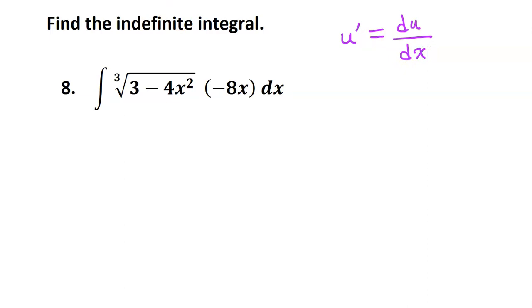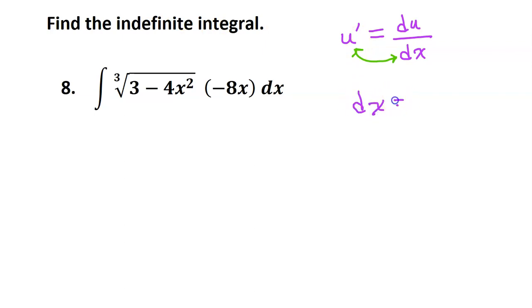And a long time ago, we learned that when we have something equal to a fraction, we are allowed to swap the value with the denominator. So if we swap the dx with the u prime, we're going to end up with this.